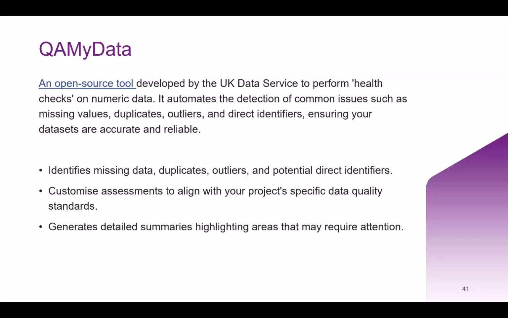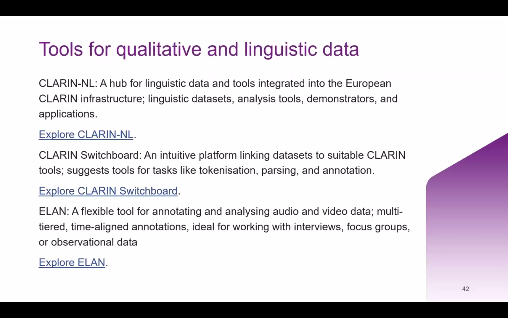The tool can be adjusted to match the specific quality standards of your project, and it produces clear summaries to show where issues may need fixing. This makes it easier to keep data sets accurate, consistent, and reliable. And you can check that tool. I have inserted a hyperlink here on this slide. It's a useful one for qualitative data. Not for qualitative data, for all data I think.